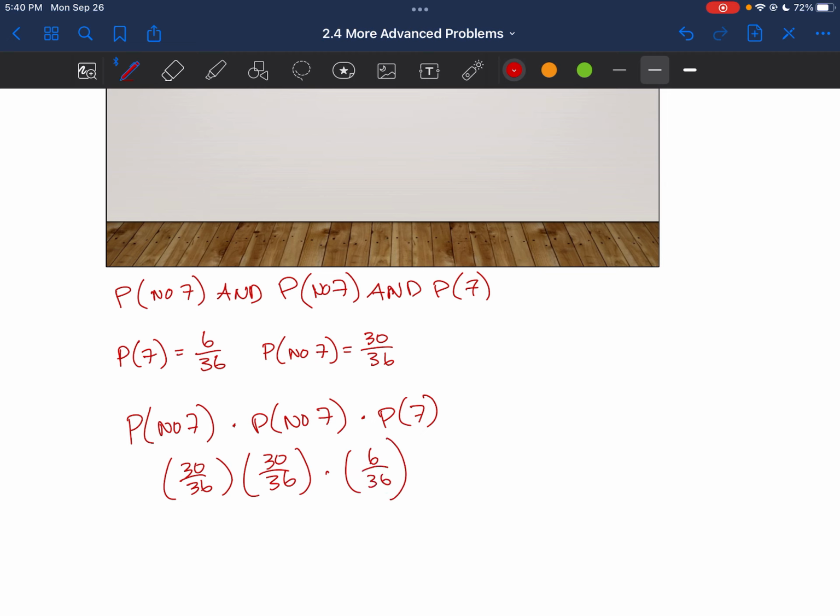So if you want, you can leave your answer just like this, because that'll show me the work that you're doing. Or if you wanted, you could multiply it out, which would mean multiplying across here and multiplying across here. But it's fine to just leave your answer like this.